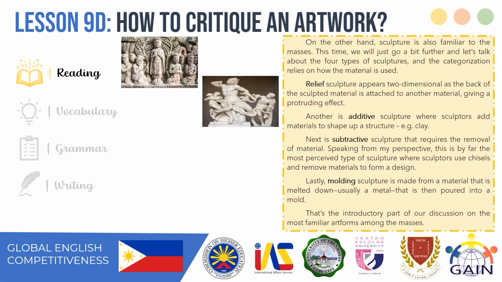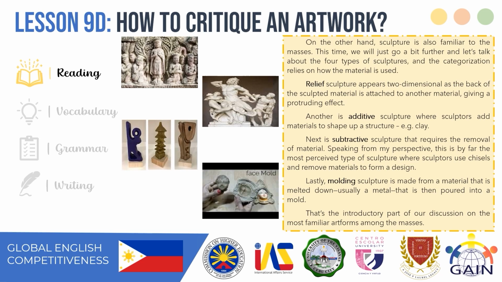Relief sculpture appears two-dimensional as the back of the sculpted material is attached to another material, giving a protruding effect. Another is additive sculpture, where sculptors add materials to shape up a structure, for example, clay. Next is subtractive sculpture that requires the removal of material.